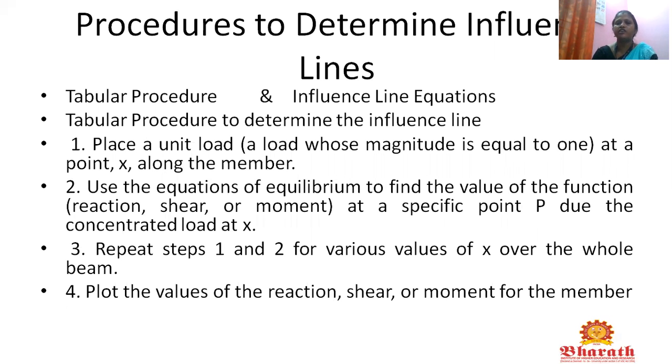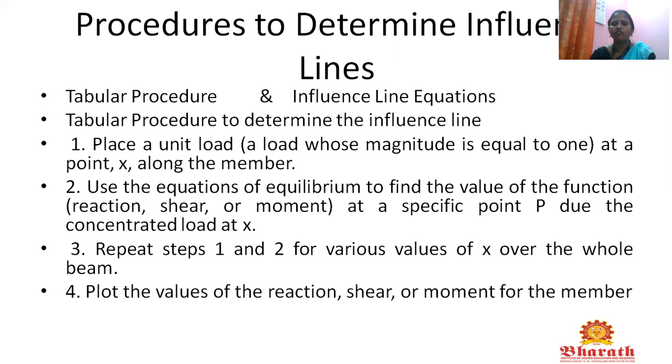Next, we are going to see some procedures for determining the influence line diagram. There are two methods: one is the tabular procedure and the other is influence line equations. In the tabular procedure, first we place a unit load, a load whose magnitude is equal to 1, at a point X along the member.